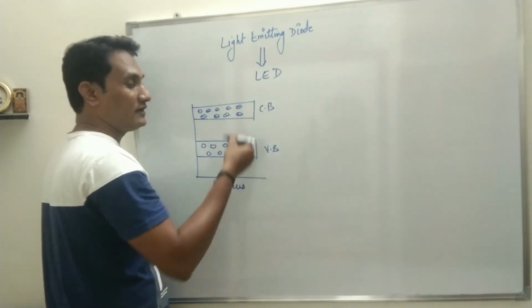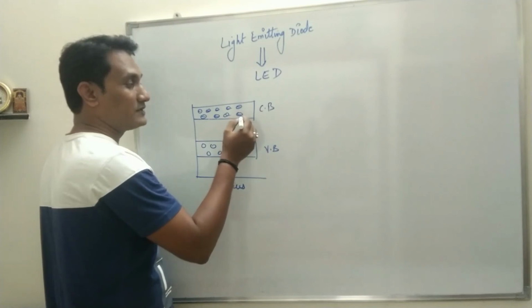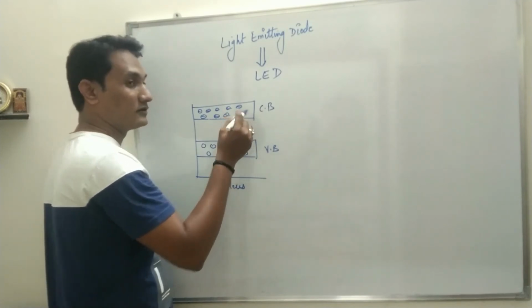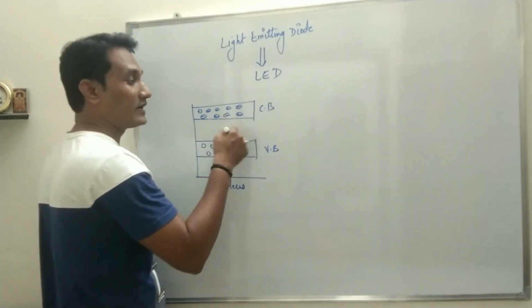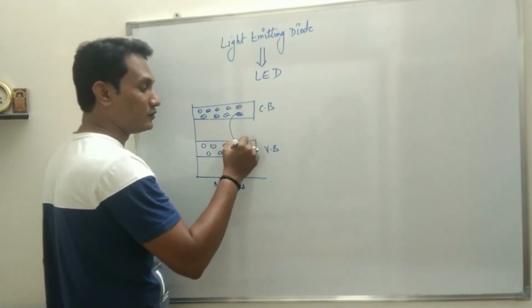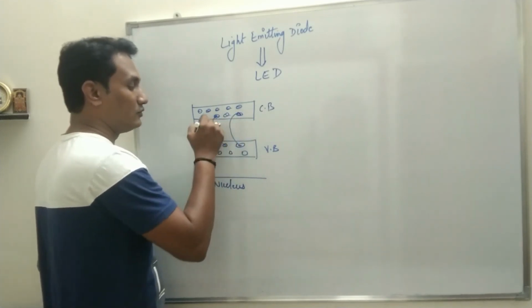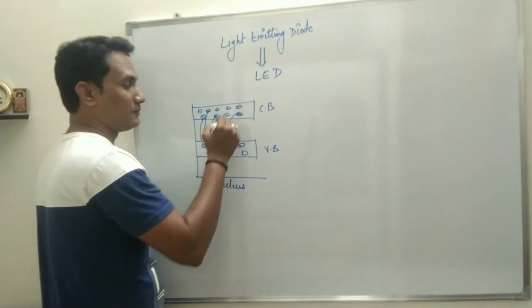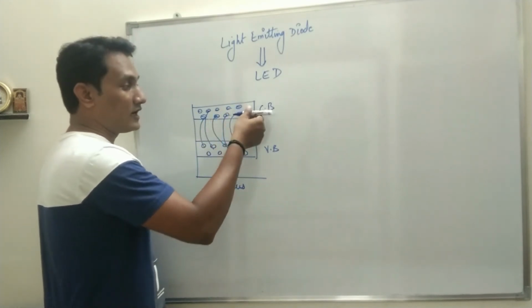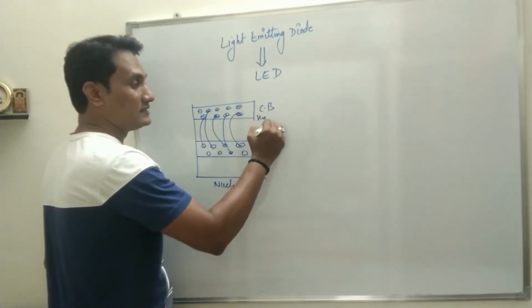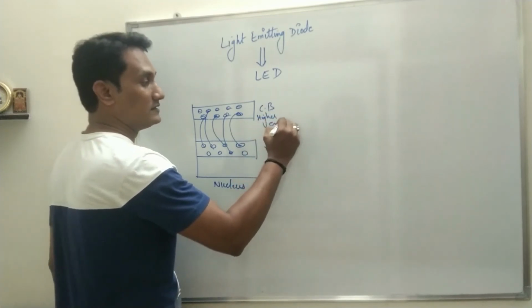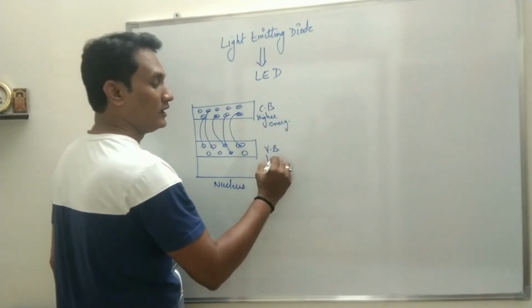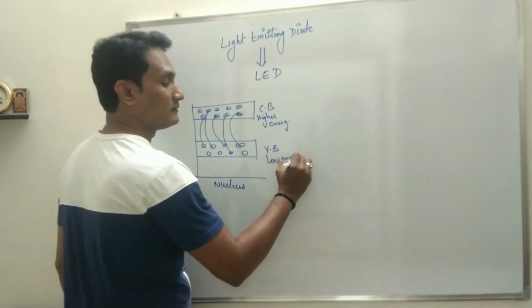So in forward bias condition, current will flow in a p-n junction diode. When current flows, these electrons will jump into the empty space, that means they are coming from a higher energy level to a lower energy level, right?